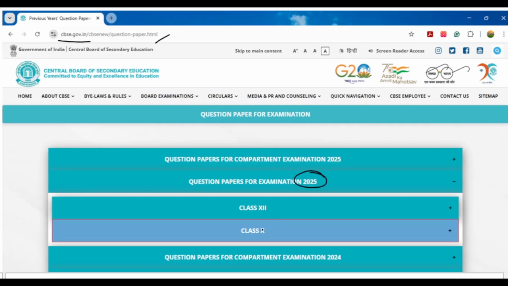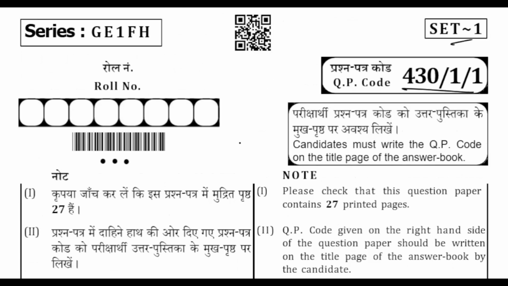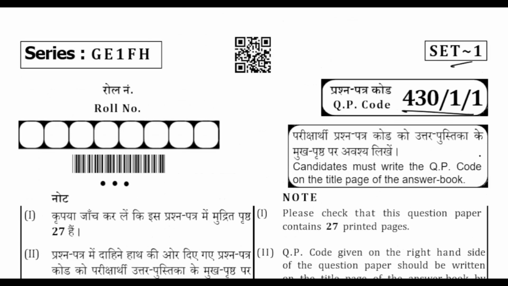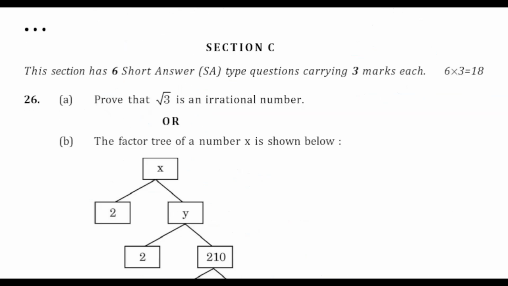Go to 2025 class 10th, and below you have the option to download the paper. This is question paper set 1, 43011. We have already solved sections A and B in the previous two videos. Now we will solve section C.